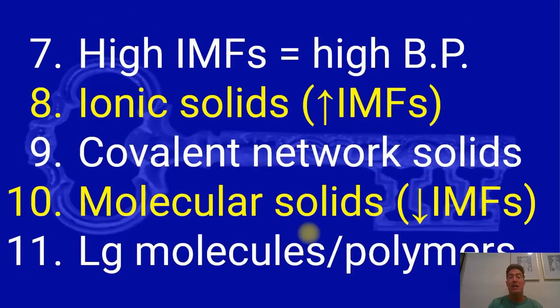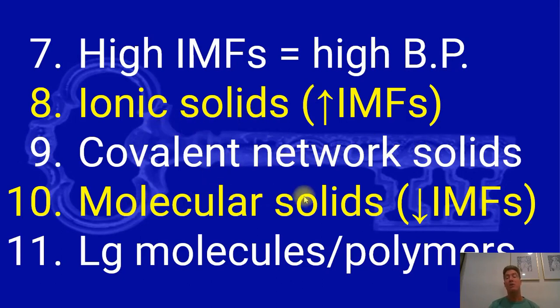High IMFs equal high boiling points. Ionic solids have high boiling points and high melting points because they must have very strong IMFs, which they do. They have that electrostatic charge. Also very strong are covalent network solids, which mimic the high boiling points and strength of some of the ionic solids.